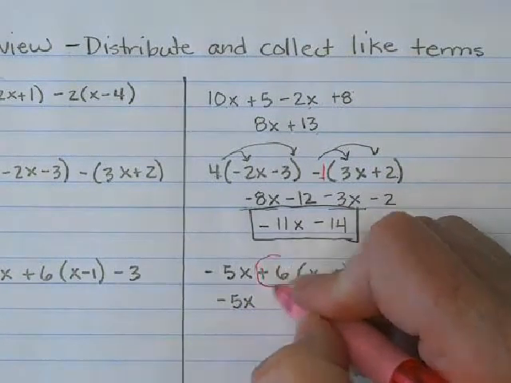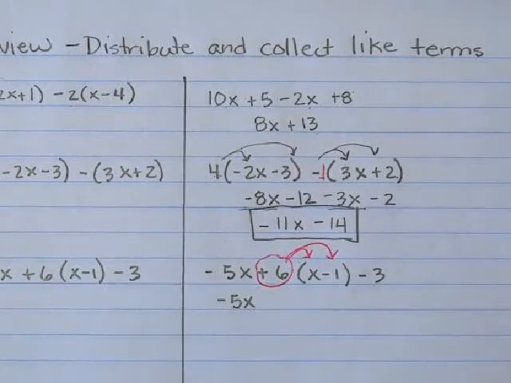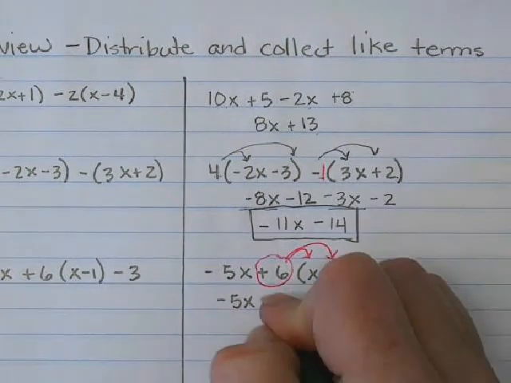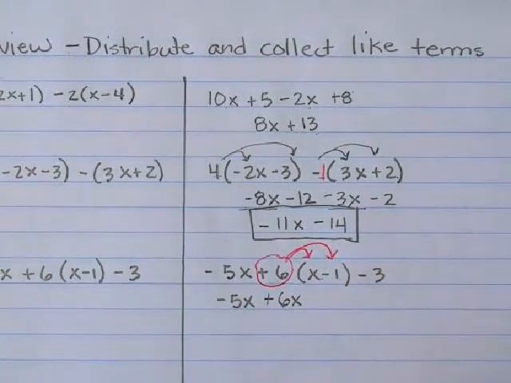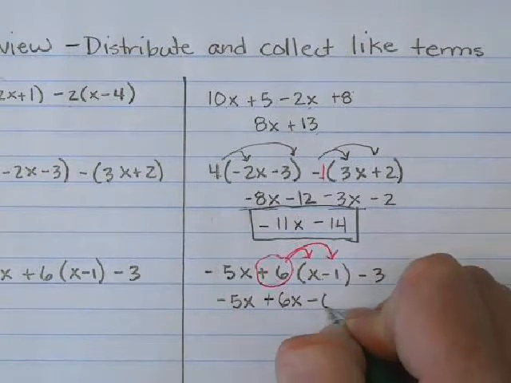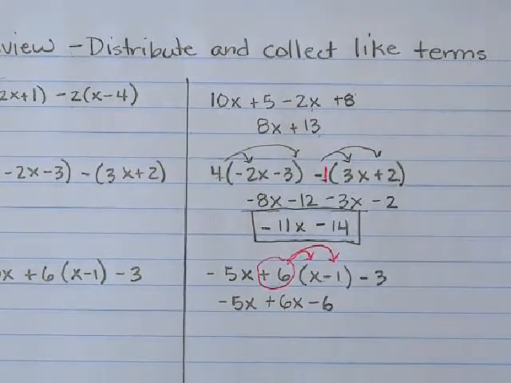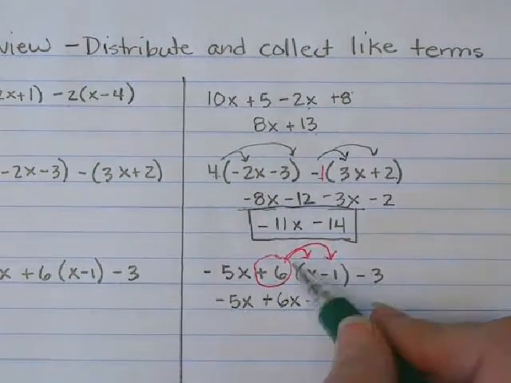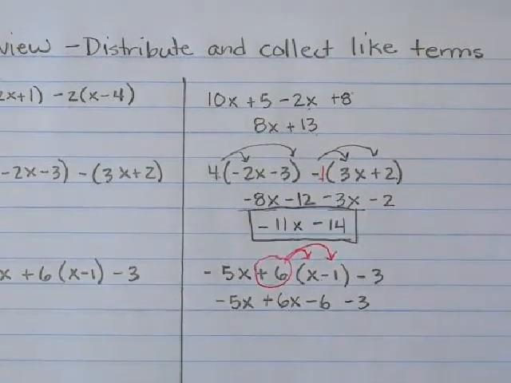When I'm distributing this positive 6, I'm going to go positive 6 times x is a positive 6x. A positive 6 times a negative 1 is a negative 6. I don't want to see plus minus 6. You should figure out that sign right there. Okay, this 3 has nothing to do with this. I bring it straight down.